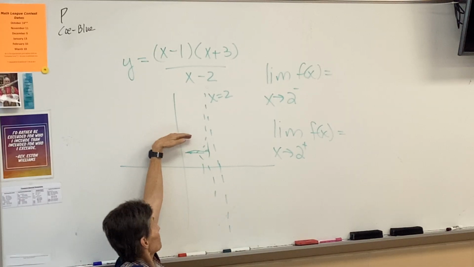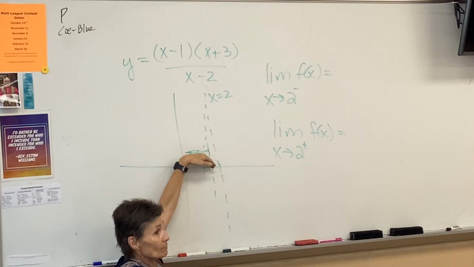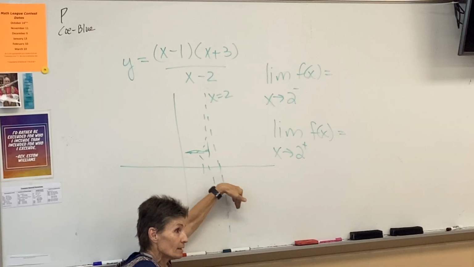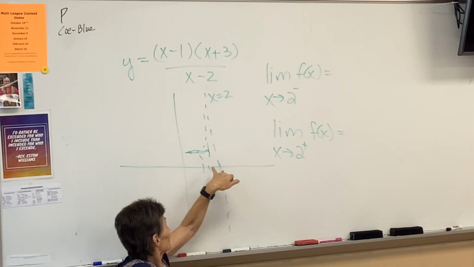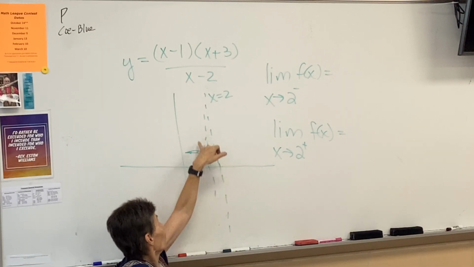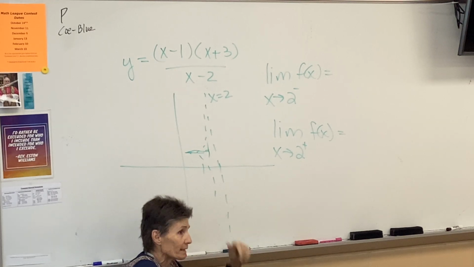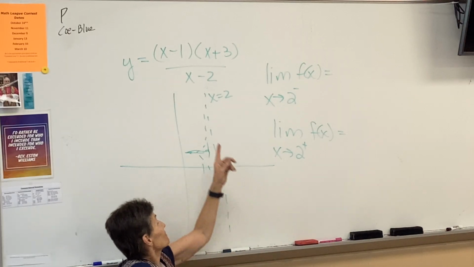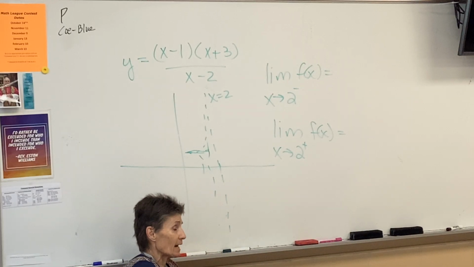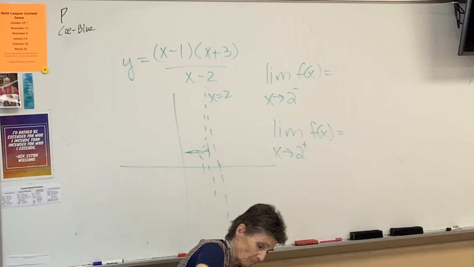If 0 is up here and 1 is down here, then it's going down. If 1 is up here and 0 is down here, then it's going up. Just plot a couple points and see what happens. This one is going to have a slant asymptote. You don't have to figure that out yet. So I'd plot a couple points if I were you.